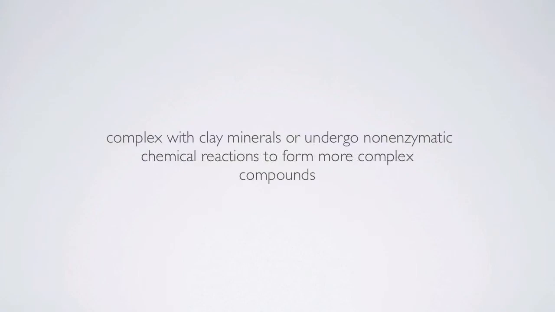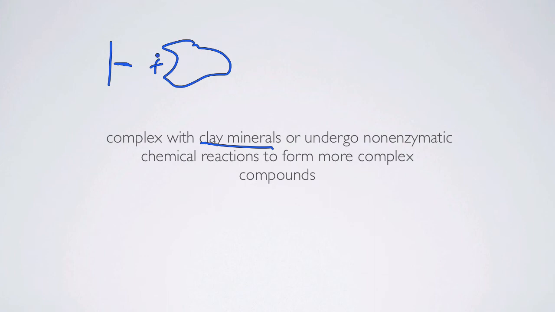In addition, soil organic matter that's present in the soil can complex with clay minerals, for example, or undergo nonenzymatic chemical reactions to form more complex compounds. We talked about clay minerals having a surface charge, for example, and they might be negatively charged, which gives us cation exchange capacity, and soil organic matter might have a positive charge to it.